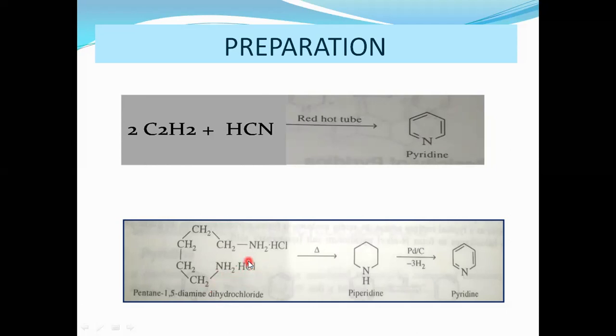When we heat this salt, it results in the formation of piperidine, a saturated derivative of pyridine. This piperidine on dehydrogenation with palladium supported on carbon gives pyridine. This is the second method of synthesis from pentane 1,5-diamine dihydrochloride.